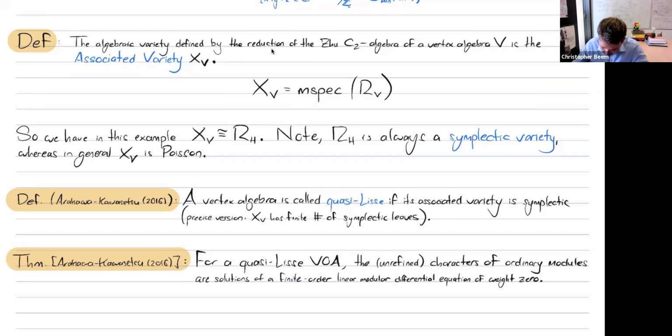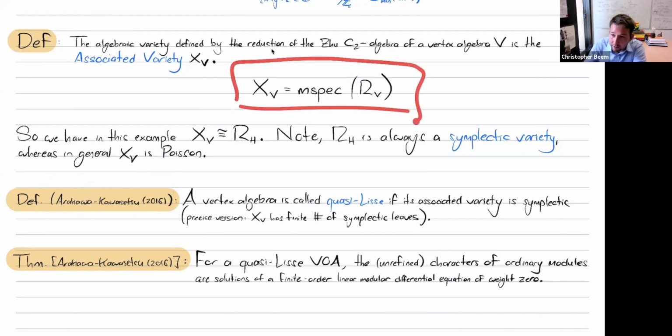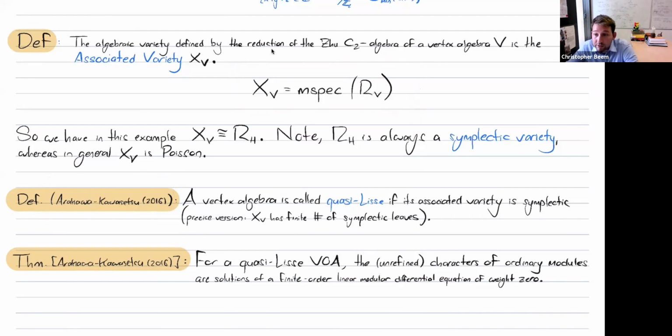It's defined in this paper by Arakawa and Kawasetsu. This is a fancy way of saying the same thing. It's saying that the associated variety as an algebraic variety is what you get when you take this ring. And okay, M-spec is a fancy way of saying that you throw away the nilpotent things and think of it as defining you a subspace of affine space.